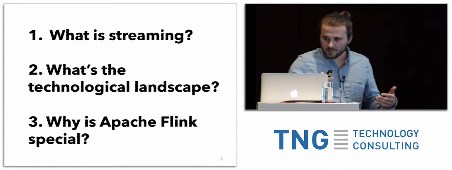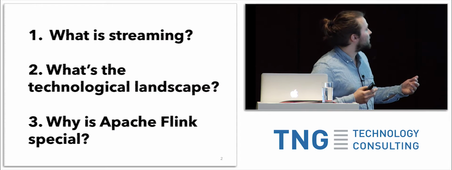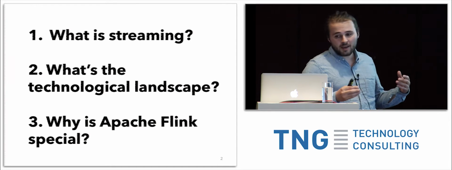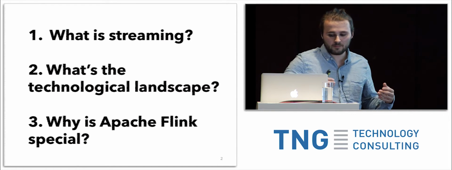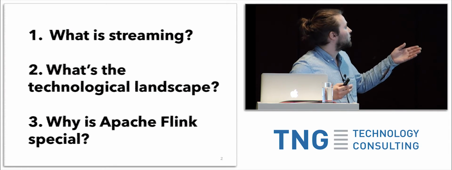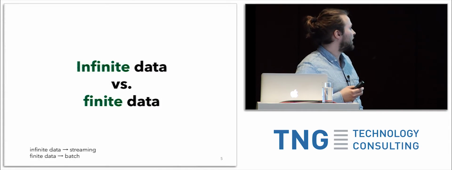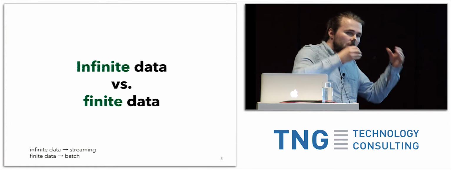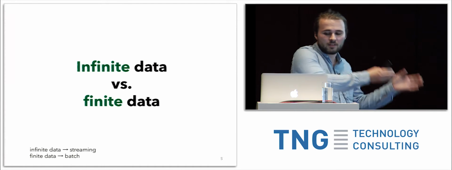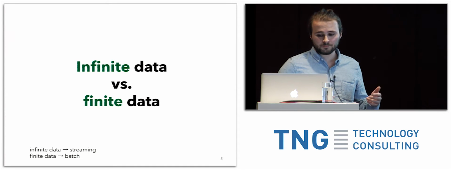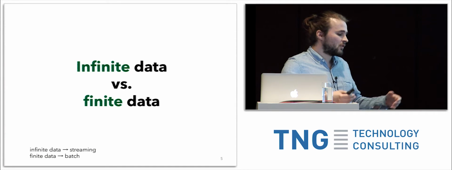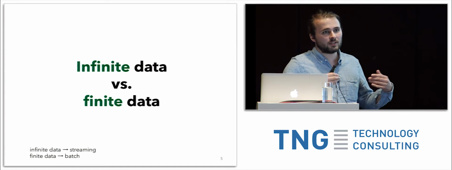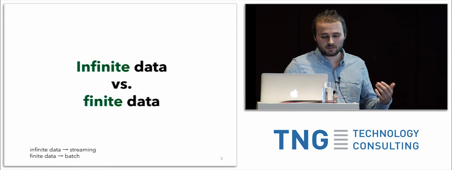So the basic differentiation is in streaming you have potentially infinite data, and in the other case you have finite data, which is what we usually call batch processing, because before you do the computation you have all the data, you can process it in one batch, and then you have your result. While in streaming, you have continuously arriving data, and you need to react to this and make decisions on this.